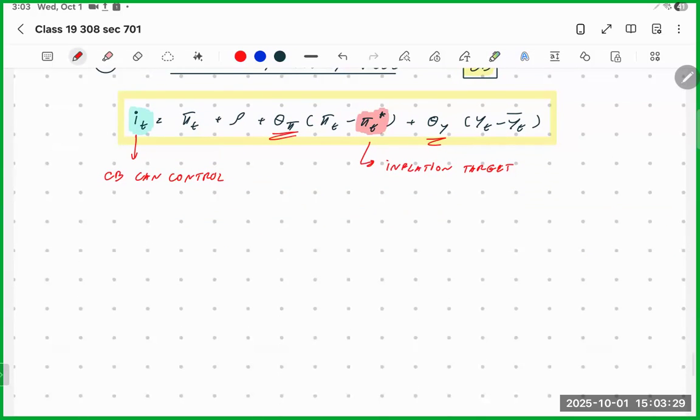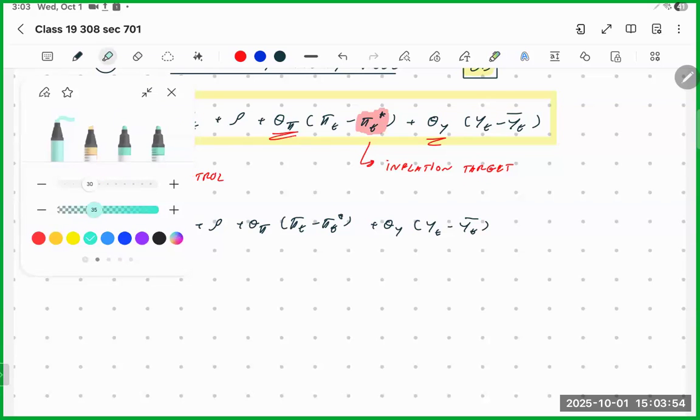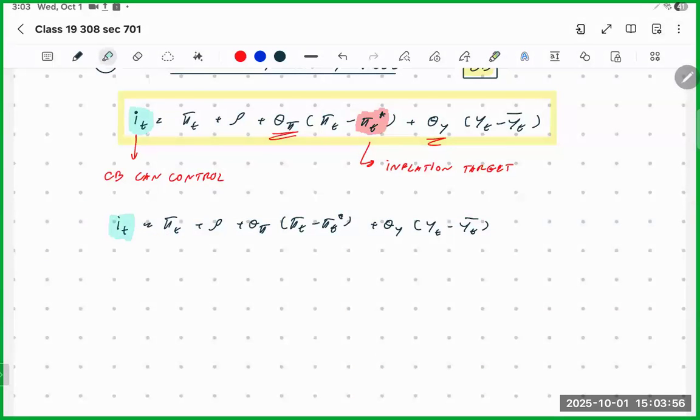Then if I write down the equation again below, IT equals pi t plus rho plus theta pi t minus pi t star plus theta yt minus yt bar. Okay. The central bank is going to increase or decrease the nominal interest rate based on 2 factors.